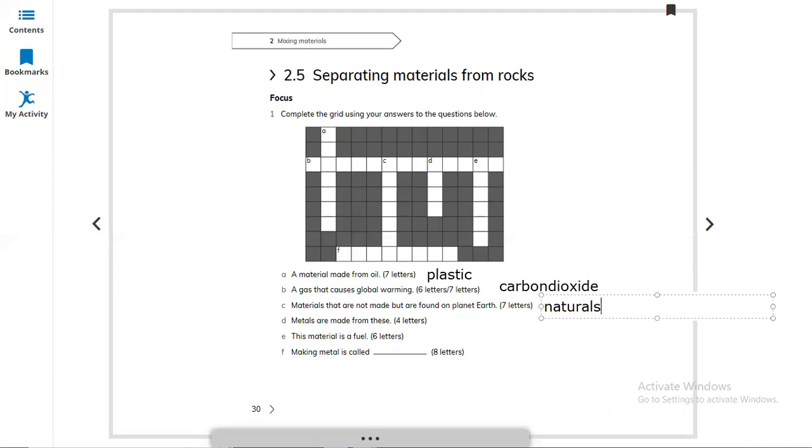So it's natural items like rock, sand, not human made. It's God gifted, water. So this is natural. Metals are made from these. So metals, number D: ores, yes, made from ores.